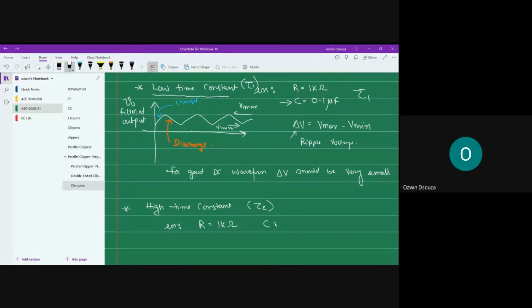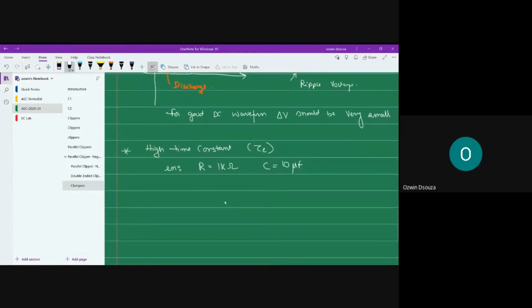However, let us take C with a very high capacitance value, let's say 10 microfarad. So the product of R and C will give you the time constant, right? So we get tau 2 as R into C, which is high compared to the first case.